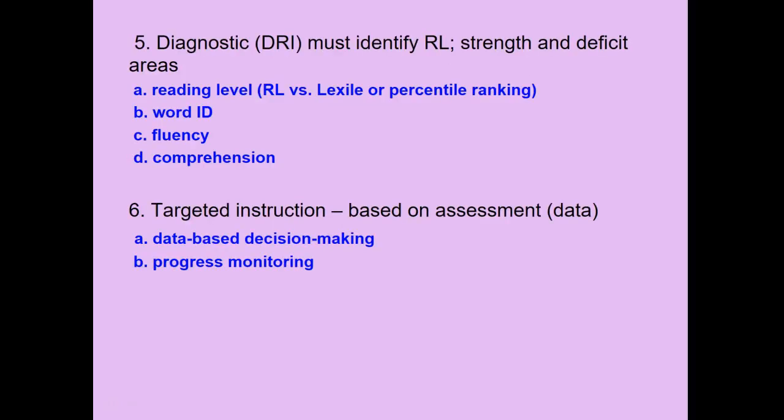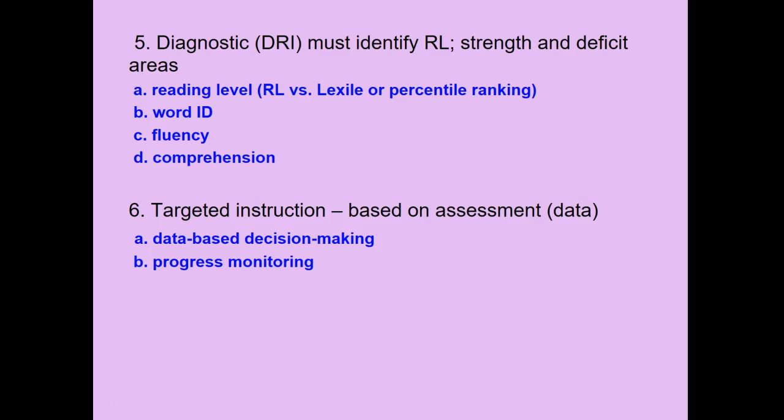Any diagnostic measure must identify approximate reading grade level as well as strength and deficit areas. Now, we use reading level versus Lexile or percentile ranking when we identify reading levels. This enables us to make comparisons throughout the year and from year to year. And again, of the three deficit areas, we must have information related to all three.